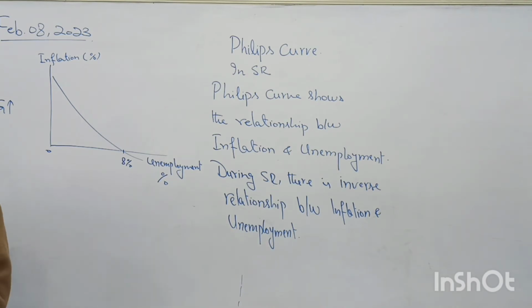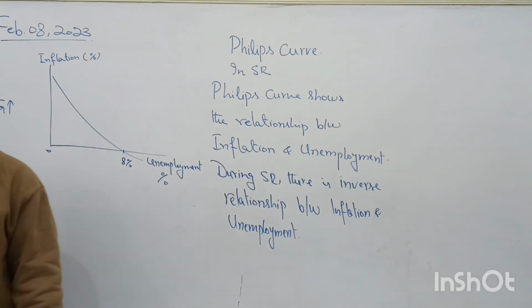According to monetarist thought, the main problem is inflation in the country, and that depends upon the erratic changes in the money supply. So when money supply is increasing, the general price level will increase. Due to the increase in general price level, real profit of the firms will decrease. Okay?